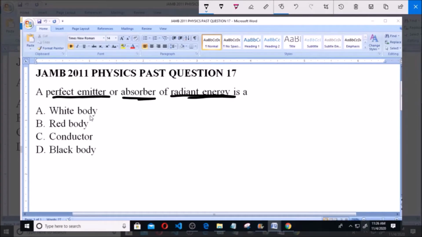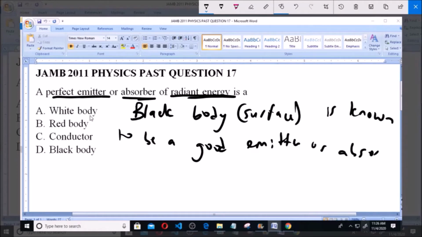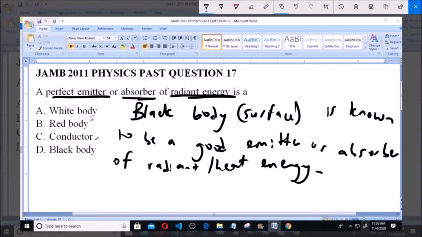Now, usually it's a very straightforward question, and this description is usually associated with a black body. A black body or a black surface is usually known to be a good emitter or absorber of radiant or heat energy.